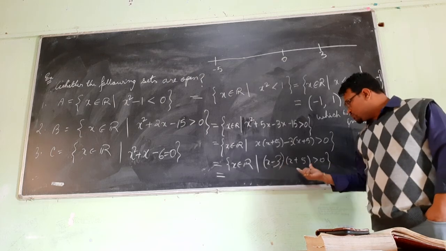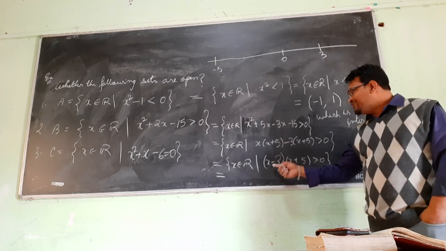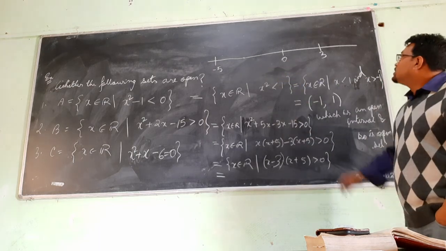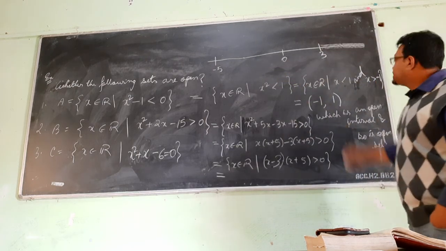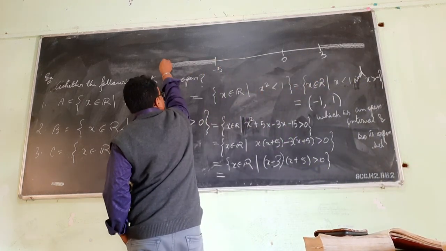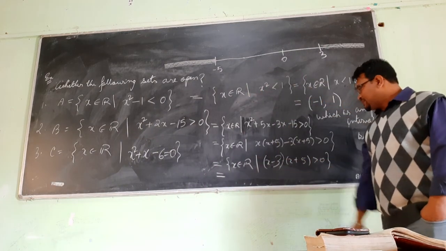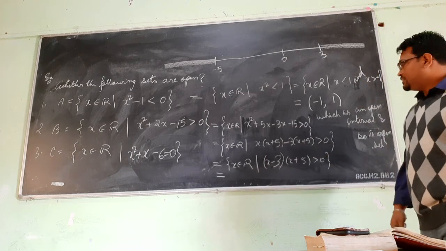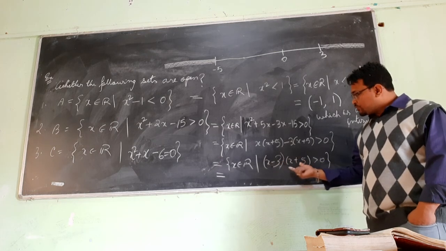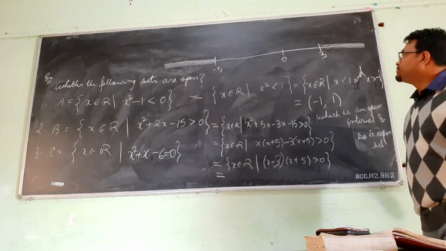So the product of these two is positive. That means both are positive or both are negative. If x is greater than 3, x is automatically greater than minus 5 also. So either x belongs to this part, or if x is less than minus 5, then it is also less than 3. Both will be negative: x plus 5 will be negative, and x minus 3 will be negative. So the product of two negatives will be positive.